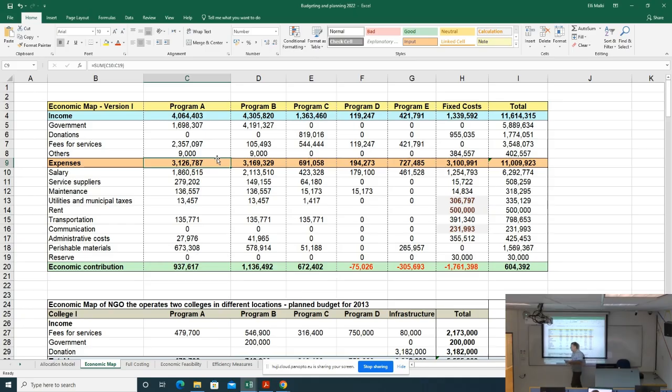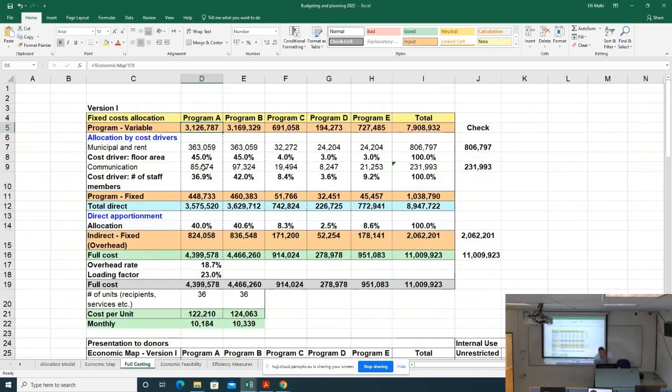This is the first layer, and again, as I said, on this layer of expenses, there will be no argument. Nobody will argue that if we want to have a rehabilitation program for adults, we need salaries for caregivers, for whoever is in this salary, and service supplies, etc. Okay? So this is the first layer. It is taken from the economic map. We have it already once we created the economic map.